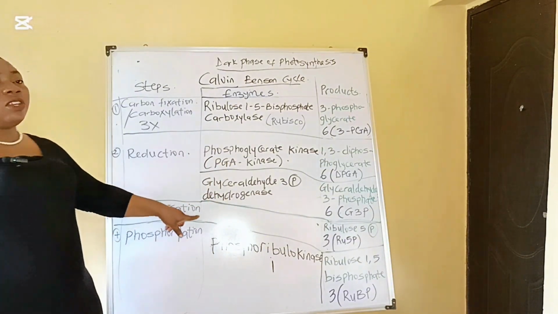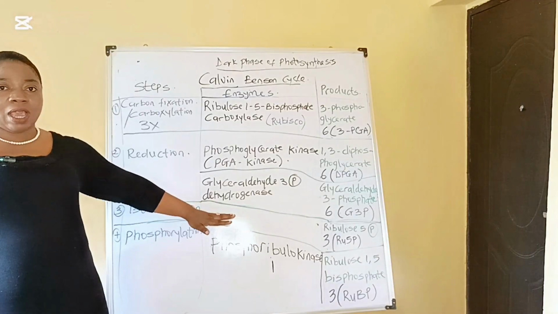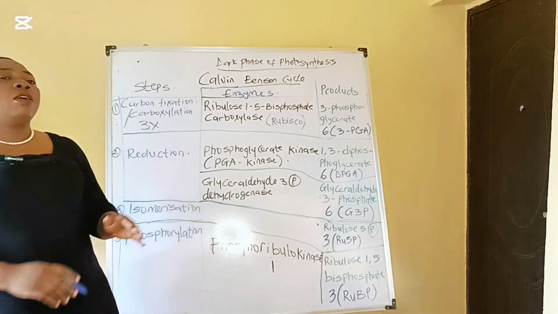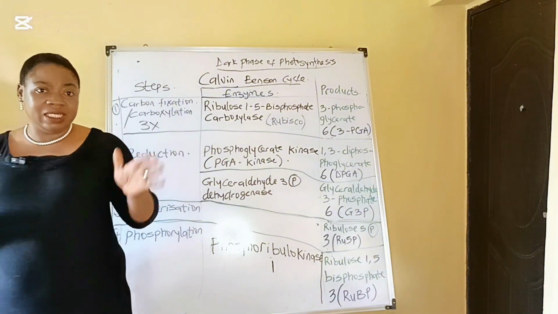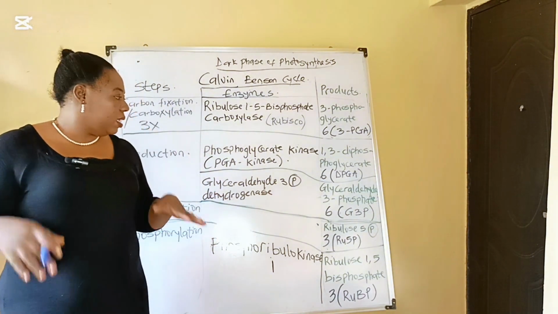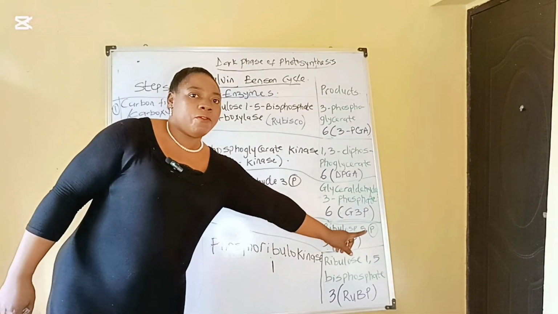In the isomerization reaction, we do not have a specific enzyme that catalyzes this reaction, but all we know is that it is a series of complex enzymatic reactions, which actually give us 3 molecules of ribulose 5-phosphate.